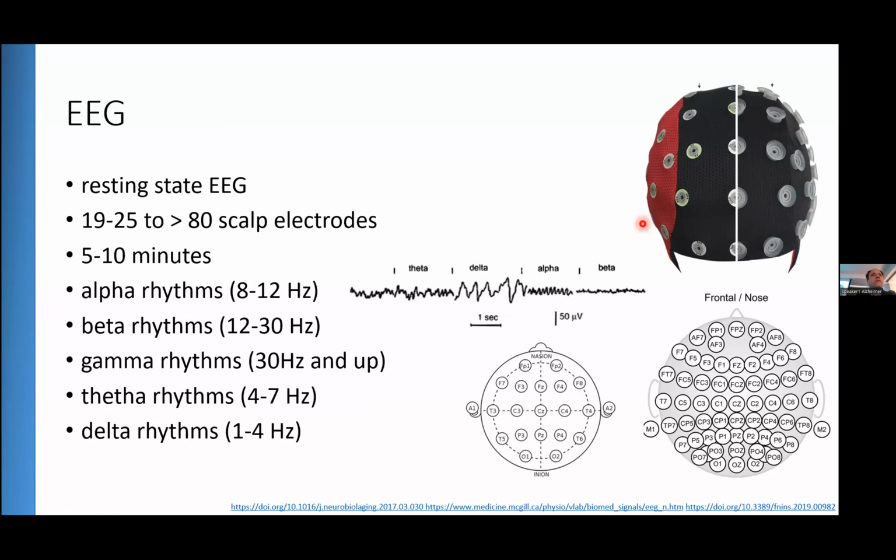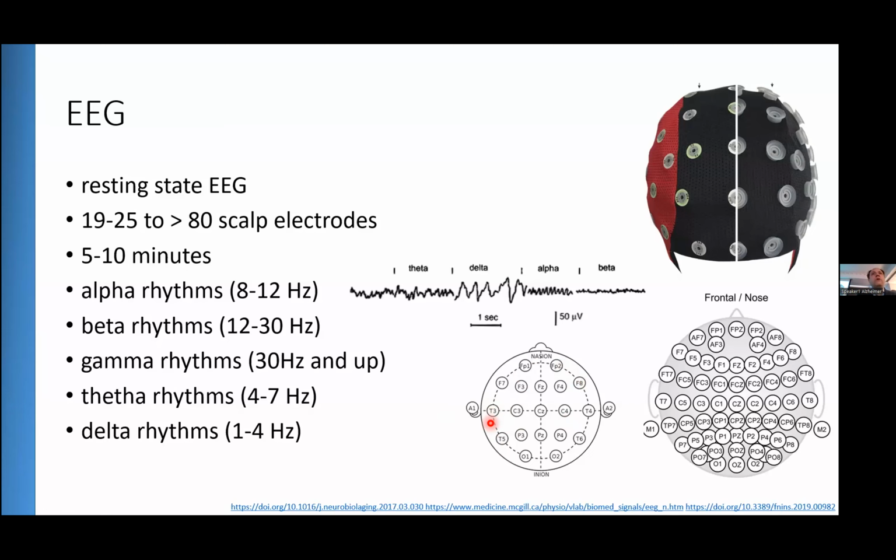But what we need for the analysis is around 5 minutes. What kind of recording do we do? This is the standard montage. The standard cap we use has 19 to 25 electrodes, and you will find this in every neurological clinic or even in every department where they can do the EEG.